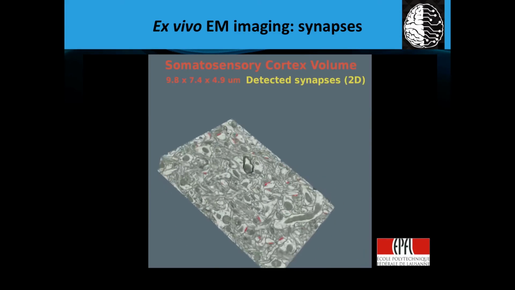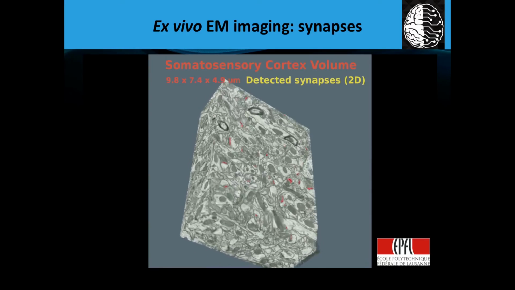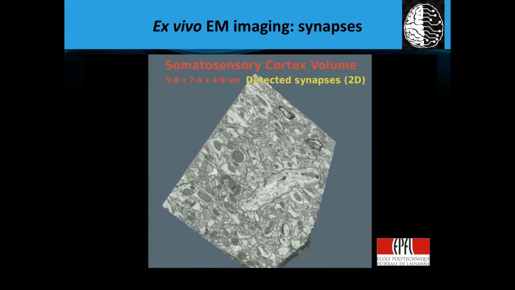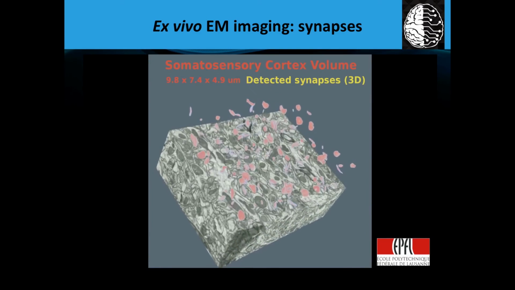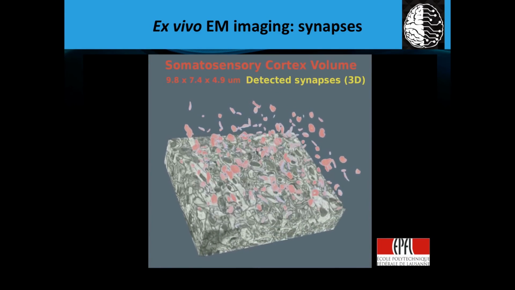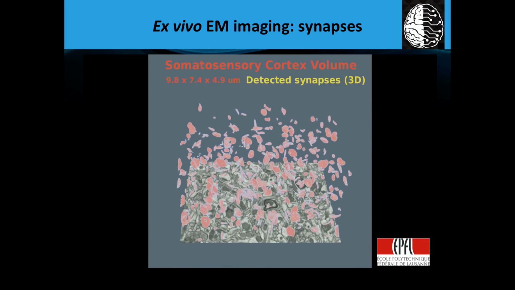And so what is illustrated in this one is, given this image stack from the electron microscope, where are all the synapses? So all the synapses are these little red pancakes. And as you can see, there are quite a lot of synapses in this little volume of 10 microns cubed.